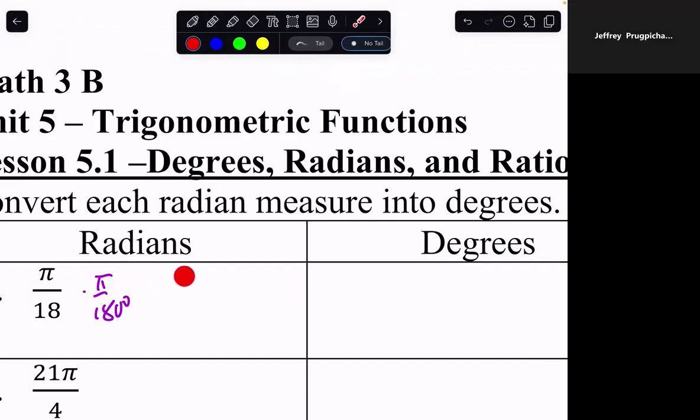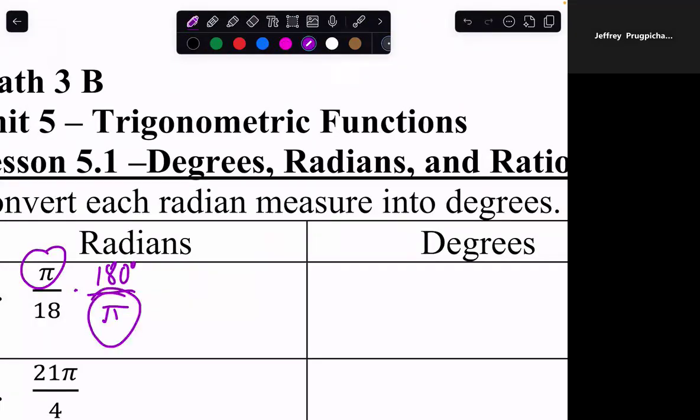That would be pi squared. The pi's would not cancel out. On the other hand, if you flip it upside down, now that 1 pi is in the numerator and 1 pi is in the denominator, now you can reduce. Right, so the pi's divide away, 18 goes into 180 10 times. Okay, so pi over 18 is equal to 10 over 1, or just 10 degrees.